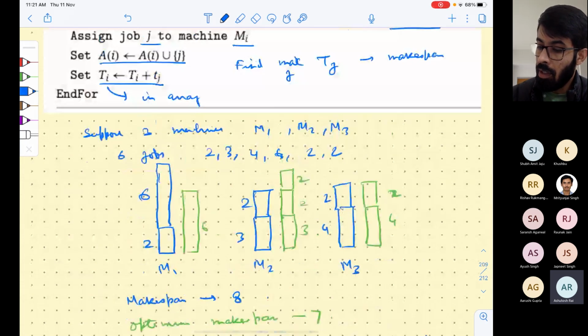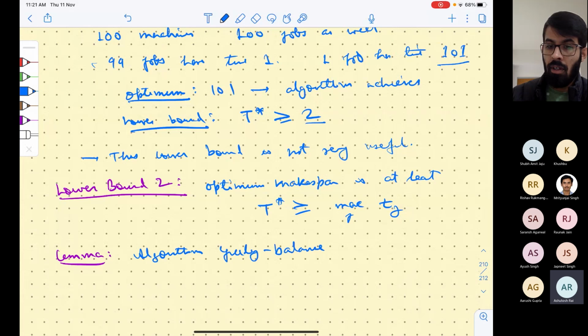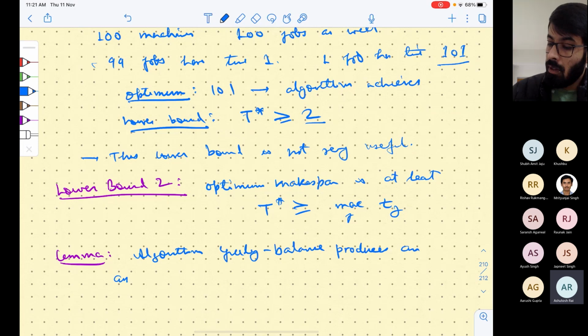Greedy Balance. Greedy Balance produces an assignment of jobs with makespan T less than or equal to 2T star, where T star is the optimum makespan.